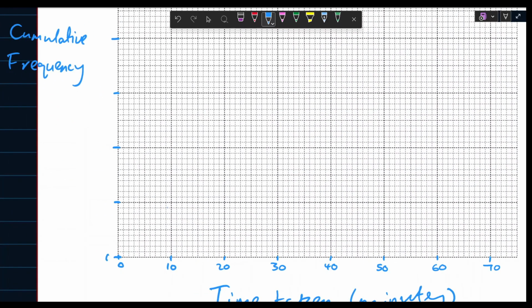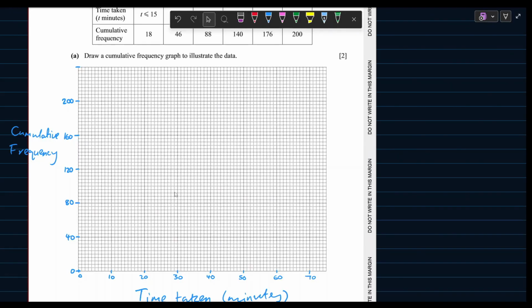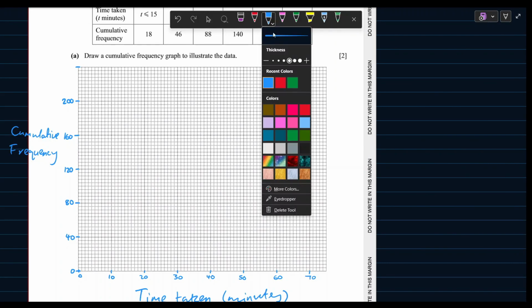So we can say 0, 40, 80, 120, 160, and then we are going to have our 200. All right, and now we can start plotting. Maybe let me use a thinner pen for plotting.